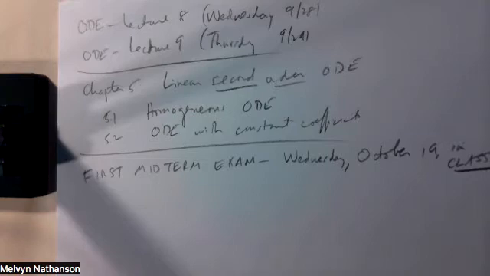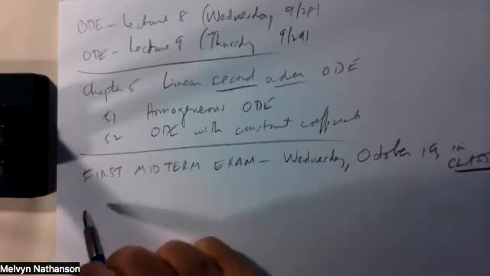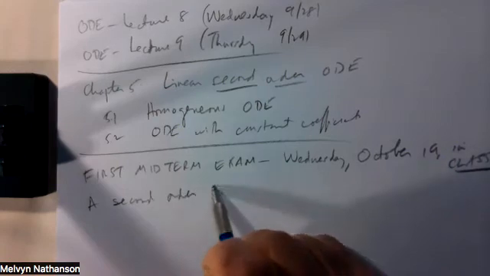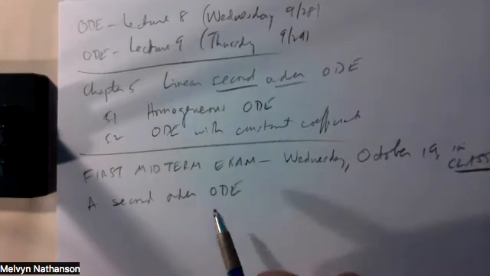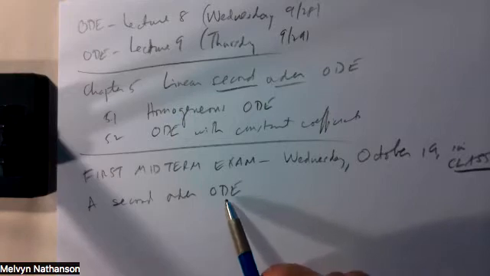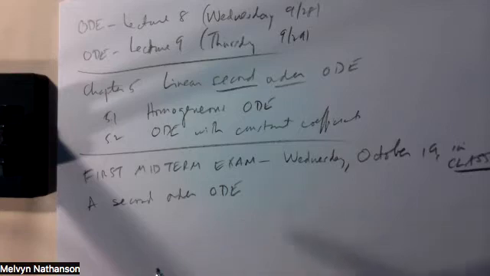So, okay. So what is a homogeneous second order linear ordinary differential equation? A second order ordinary differential equation means the unknown is a function of one variable, and the equation involves the first derivative and the second derivative of the function, but no higher derivative.